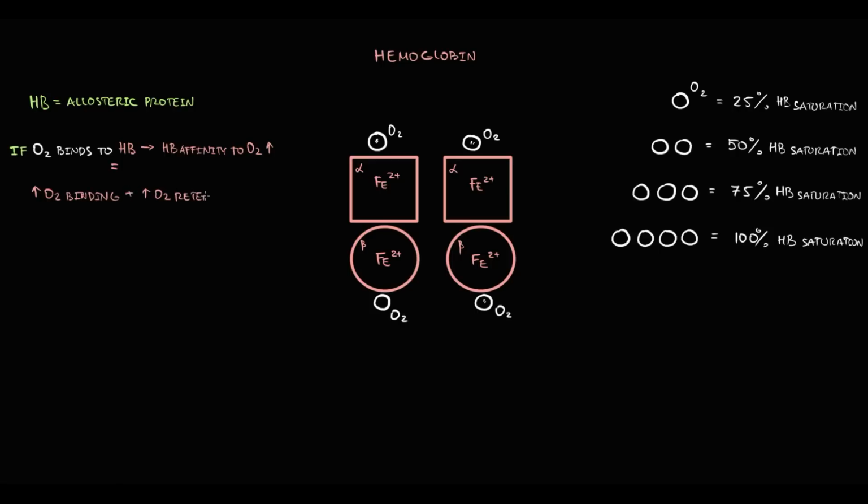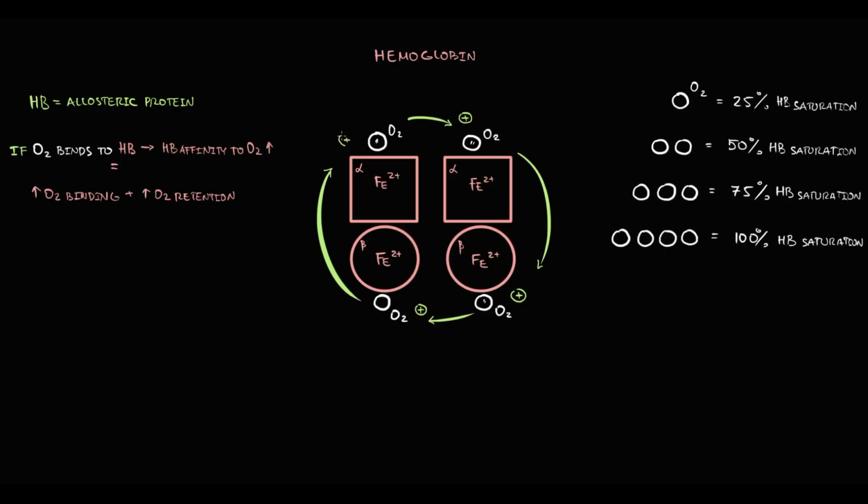Hemoglobin exhibits allosteric behavior when it binds oxygen. This means that the binding of one oxygen molecule to one subunit enhances the binding of oxygen to other subunits. So, because hemoglobin is an allosteric protein, if one oxygen molecule binds to hemoglobin, it causes a conformational change in the hemoglobin molecule.